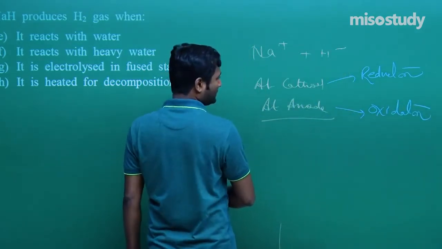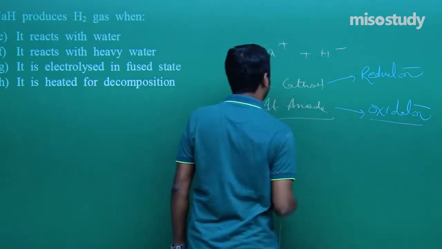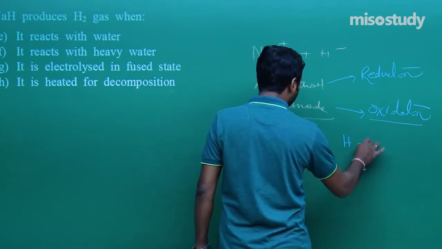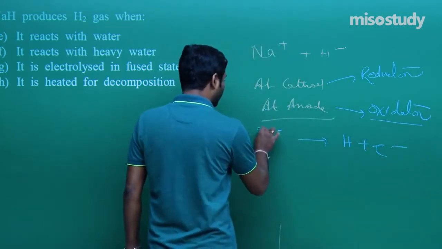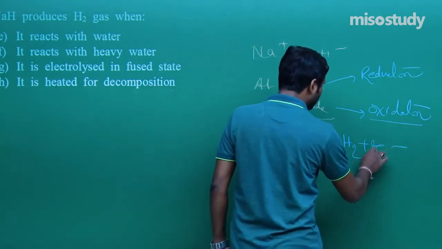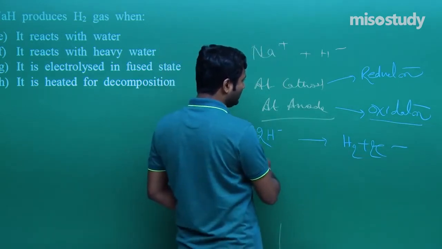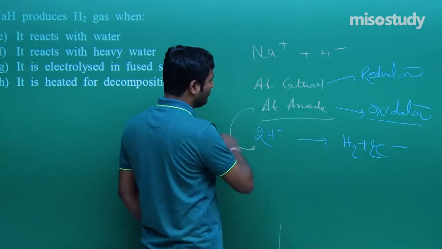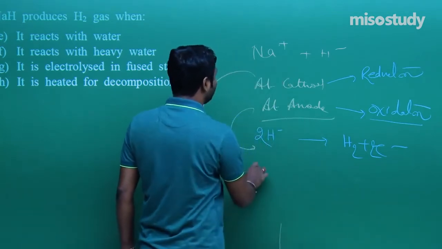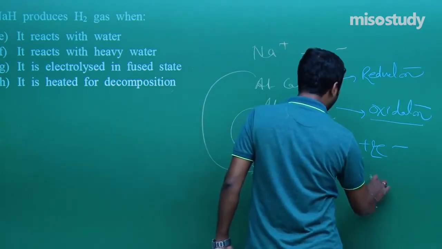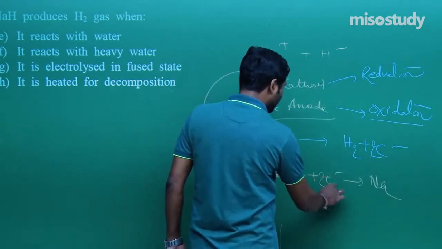Clear? Oxidation takes place, and in oxidation what will happen? H- gives you H plus 1 electron. If I balance, 2H- gives H2 plus 2 electrons. So at anode we get H2, and at cathode Na+ plus 1 electron gives you Na, 2Na balancing the reaction.